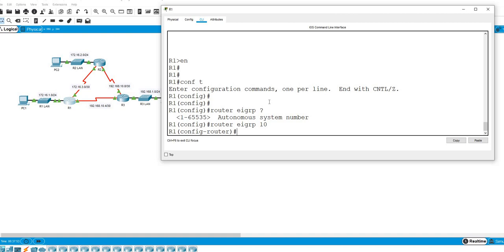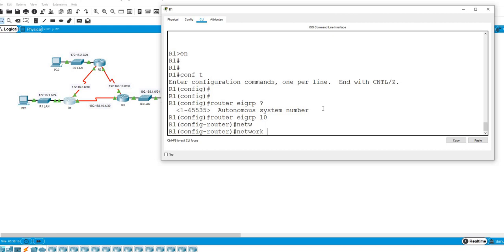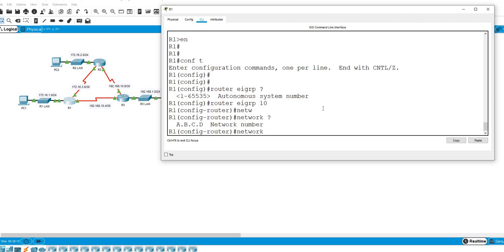All right. And then after that, I will use a command which is called the network command. Now, the network command enables EIGRP on that network, or we should say on that interface, which is directly connected to the router. So first of all, I will enable it on 172.16.1.0. So network, and if you put a question mark, it tells you to put the network number. So it is 172.16.1.0.